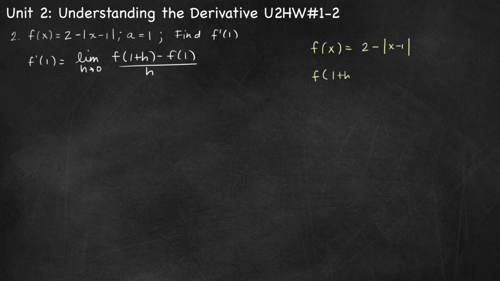F of 1 plus h is 2 minus the absolute value of 1 plus h minus 1. If we simplify that, we get 2 minus the absolute value of h. And then f of 1 will be 2 minus the absolute value of 1 minus 1. And the absolute value of 0 is 0, so that's equal to 2.